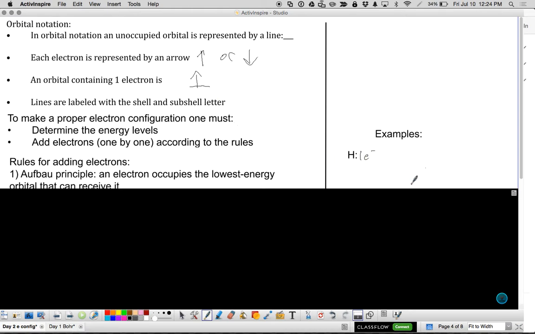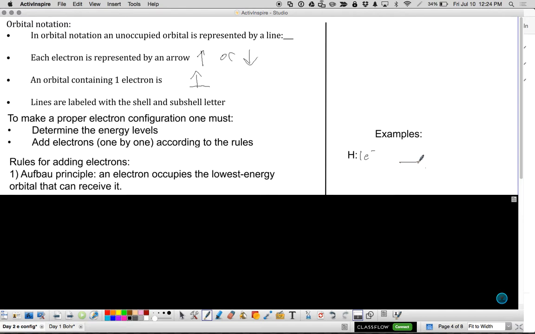The one electron is going to go in the lowest energy orbital that can receive it. Well, the lowest energy orbital is the 1s. So here's my line representing that orbital. I'm going to label it with the shell and the subshell. That's the 1s. And then I'm going to put one electron in there. Now this is kind of like this electron's address. It's a 1s, okay?